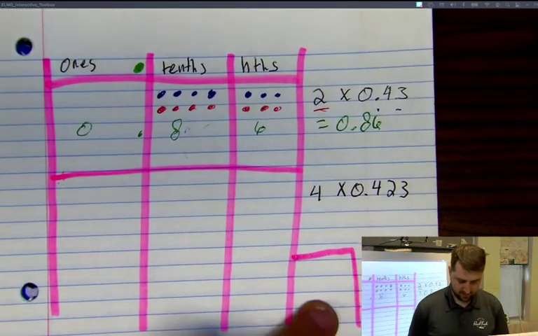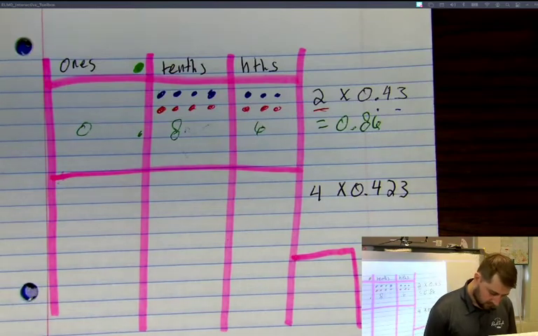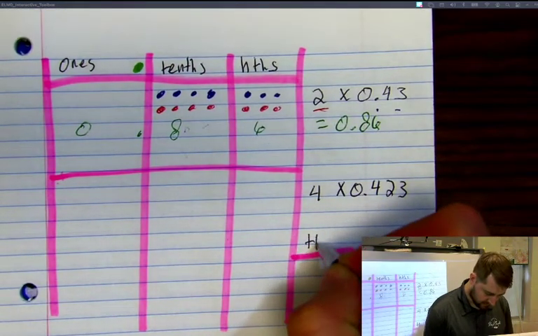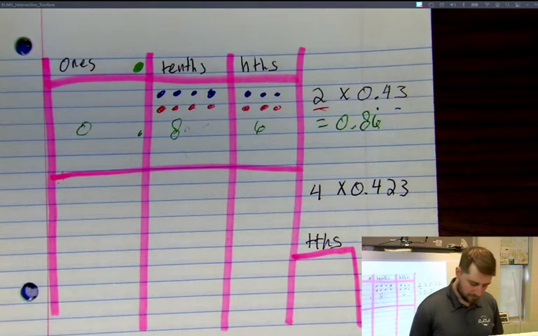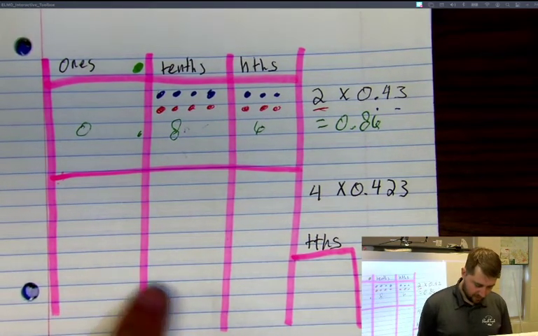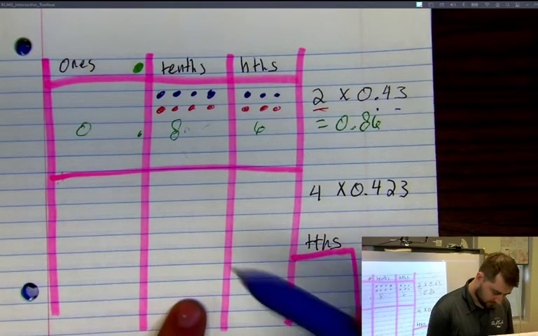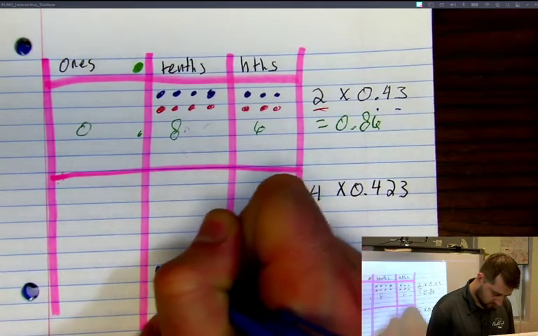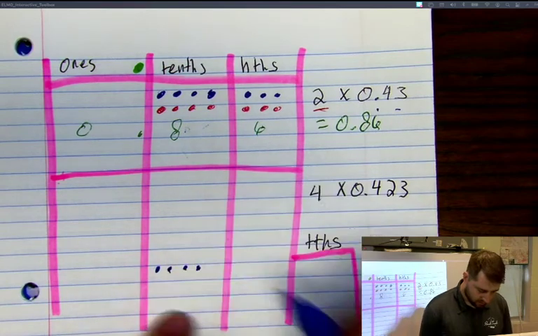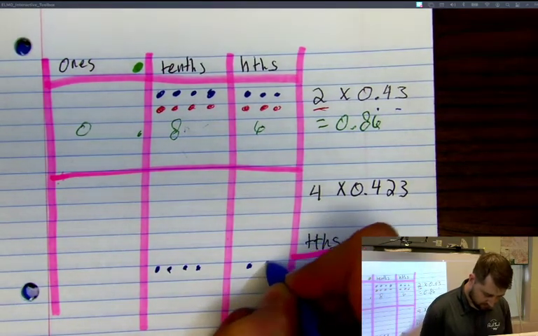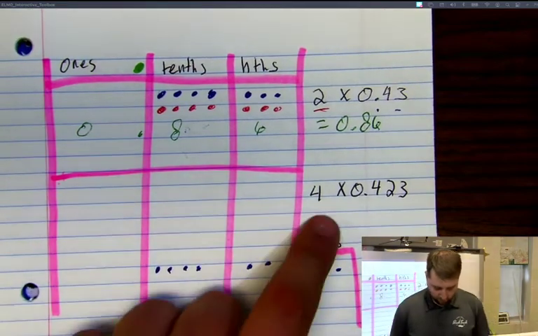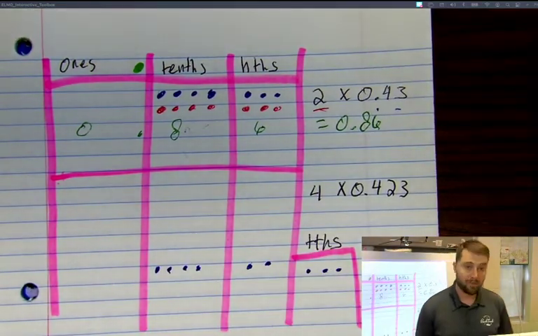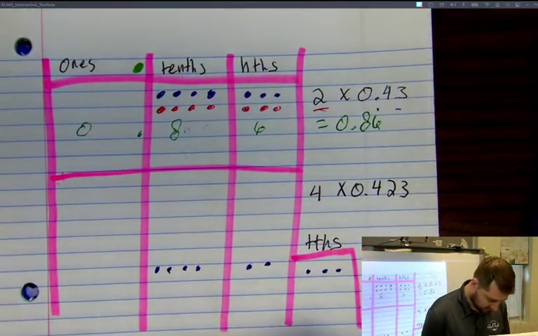There's our thousandths column. I'm going to abbreviate thousandths TTHS. Alright, so we've got our ones, no ones still. Then we have 4/10, 2 hundredths, and 3 thousandths. And then we need 4 copies of those. We already have 1, so we need 3 more copies.